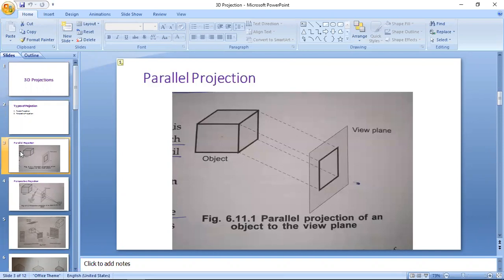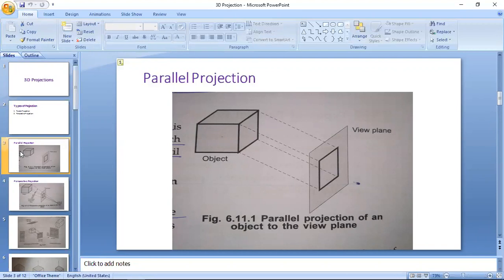That is the appearance of an object in a parallel projection. What it means is that in parallel projection, the z coordinate is discarded.